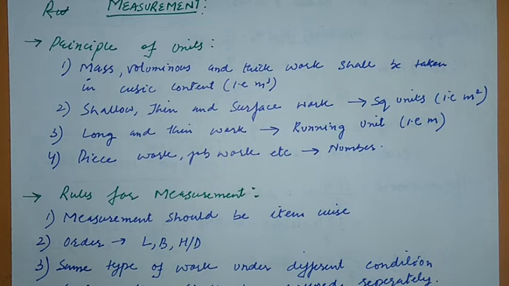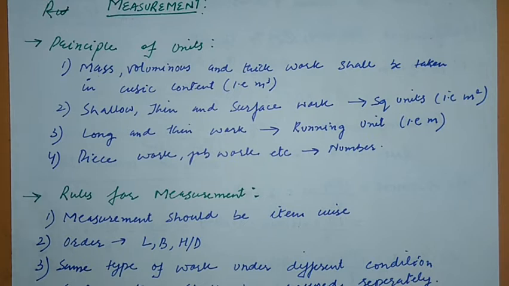The depth or the height is not important in case of surface dressing, therefore it should be measured in square units. Similarly, if we have a long and thin work, it should be measured in running units. That is simply it should be measured in meters. If we have piece work or job work, it should be given the unit of number. That means it should be measured in numbers.